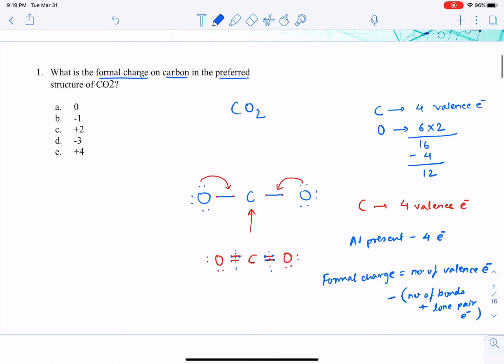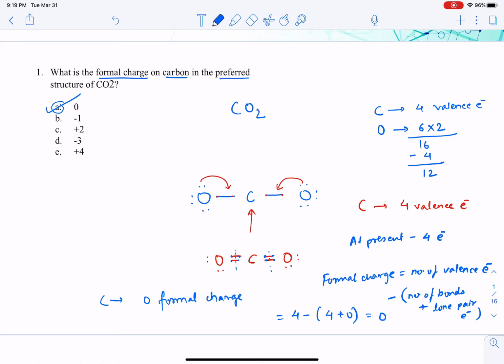So we know that the number of valence electrons was 4, number of bonds is 4, and the lone pair is 0. So the formal charge would be 0. So we can say that carbon has 0 formal charge. So the answer is A.